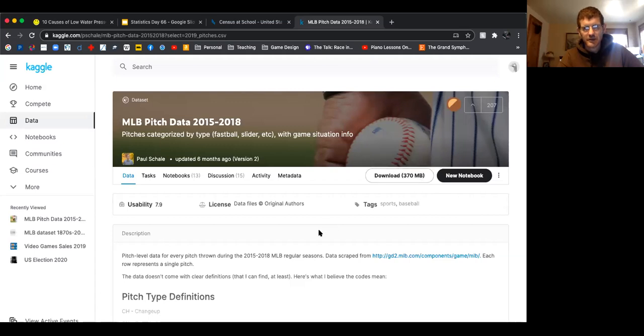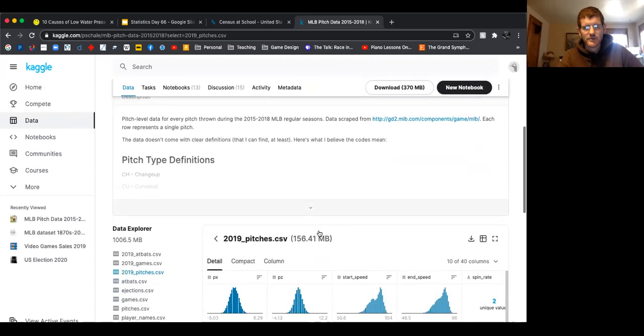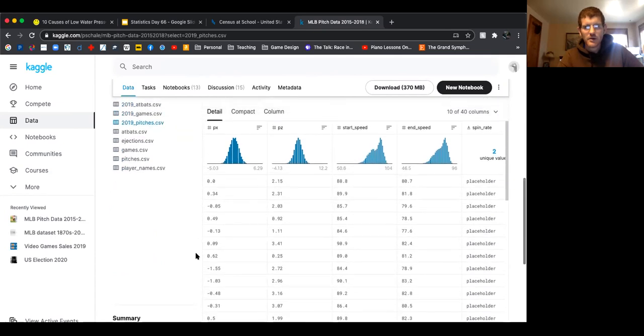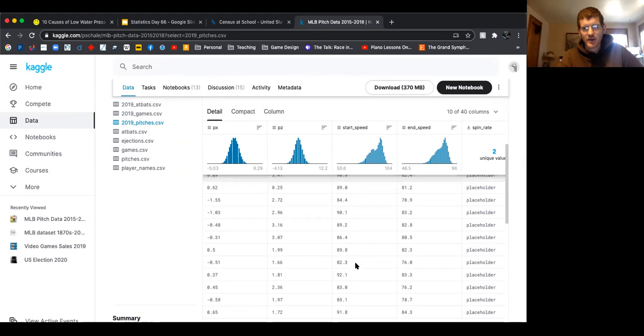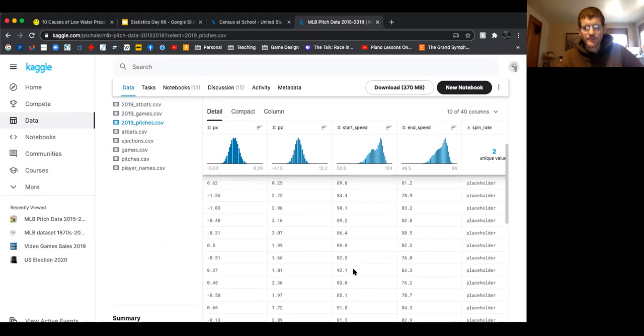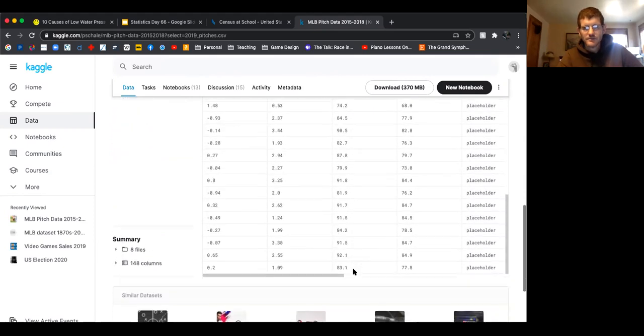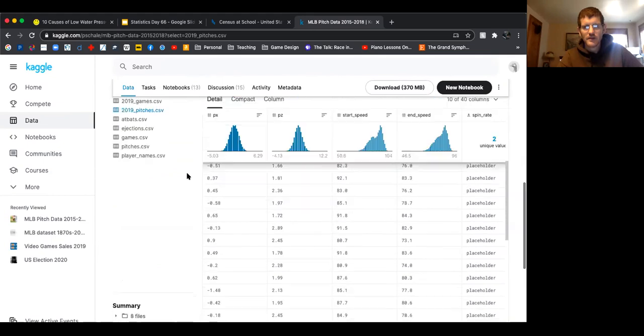You probably don't want to download all that, or you could. And anyways, you're going to have to kind of parse through and figure out what this data means. So here's start speed. So now this is going to show in miles per hour. So this pitch right here was 92.1 miles per hour when it left the hand, and so on. So you can kind of parse through it.